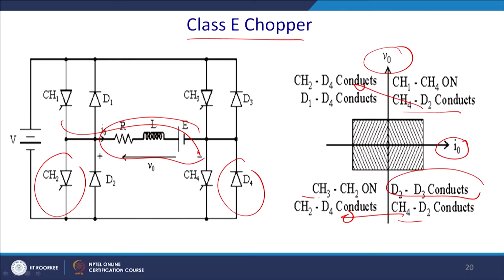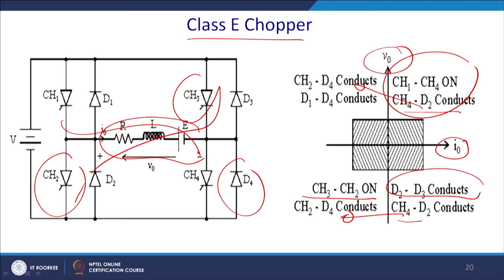So, you will find CH2 CH3 will conduct. So, current will have a change in direction, and CH2 and D4 will conduct. So, here please note what the changes are in this mode and this mode. Here you can point out very easily what will conduct.